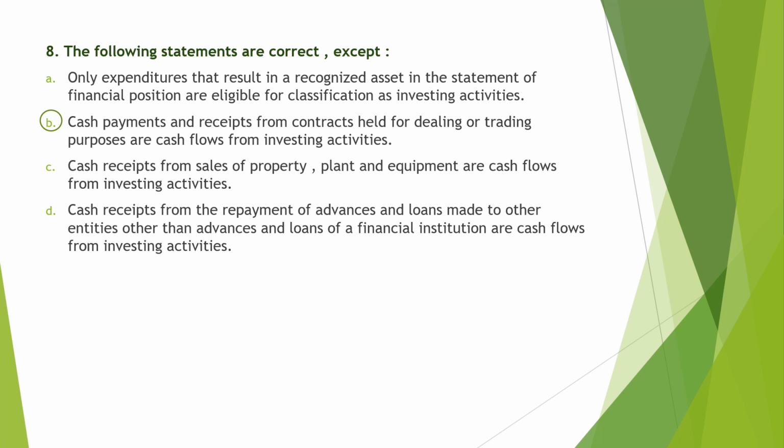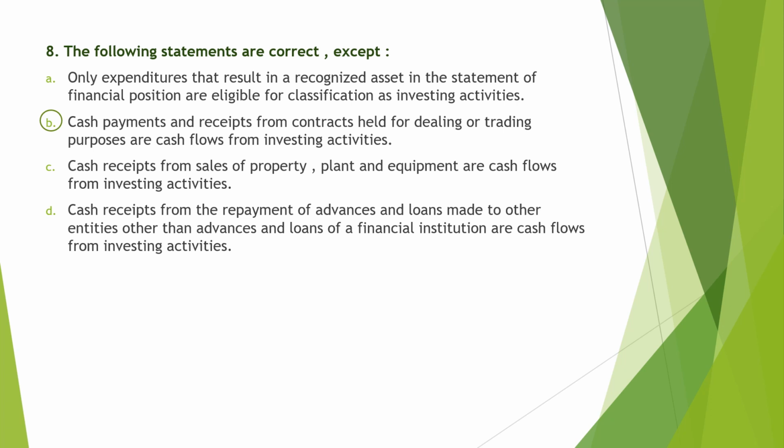Cash receipts from sales of property, plant, and equipment are cash flow for investing activities. Correct. Property, plant, and equipment, long-term assets to. Therefore, part talaga siya ng investing activities. Again, cash inflow and cash outflow from acquisition and disposal of long-term assets such as long-term investment and property, plant, and equipment are part of cash flows from investing activities.